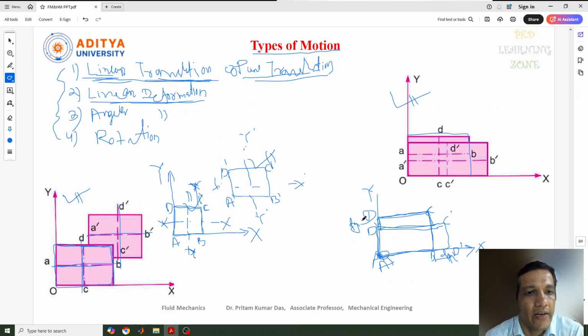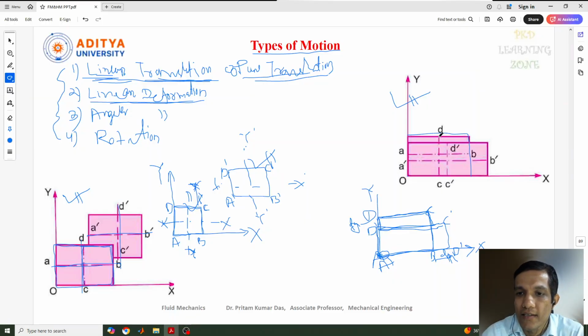So when you define this linear deformation, how can we define it? You can write that the linear deformation is defined as when the fluid element moves in the linear direction.